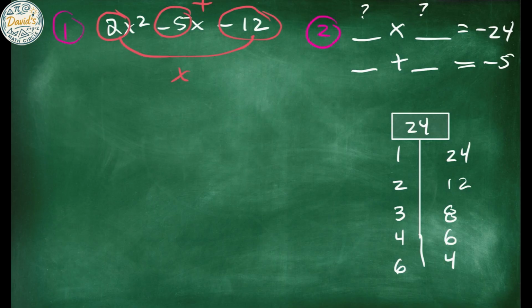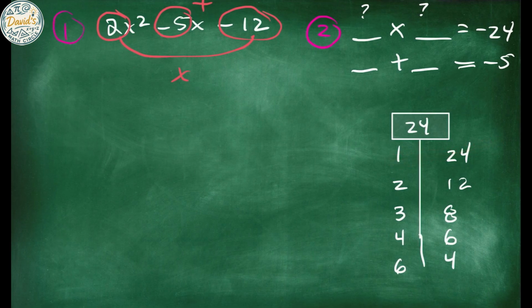Now we have to choose the sign in between those numbers to obtain minus 5 when we add them up, and to obtain minus 24 when we multiply them. So what could it be? If I put minus 24 and 1, when I add them up I obtain minus 23, which is not what I want.